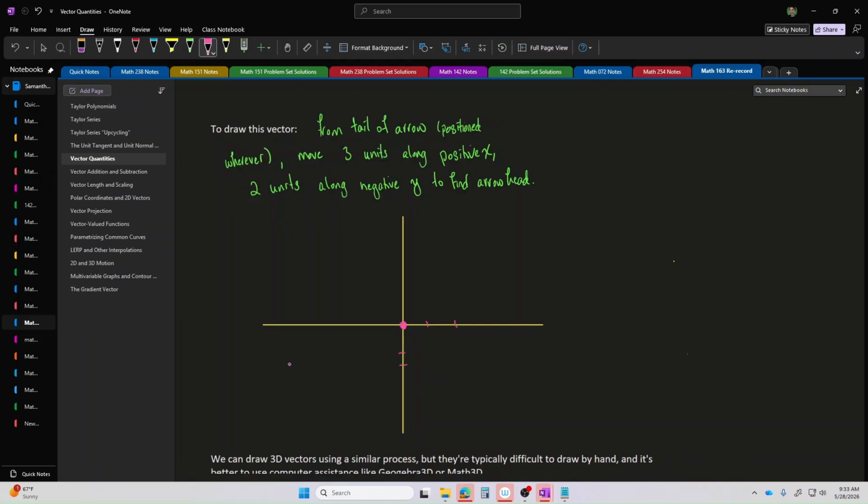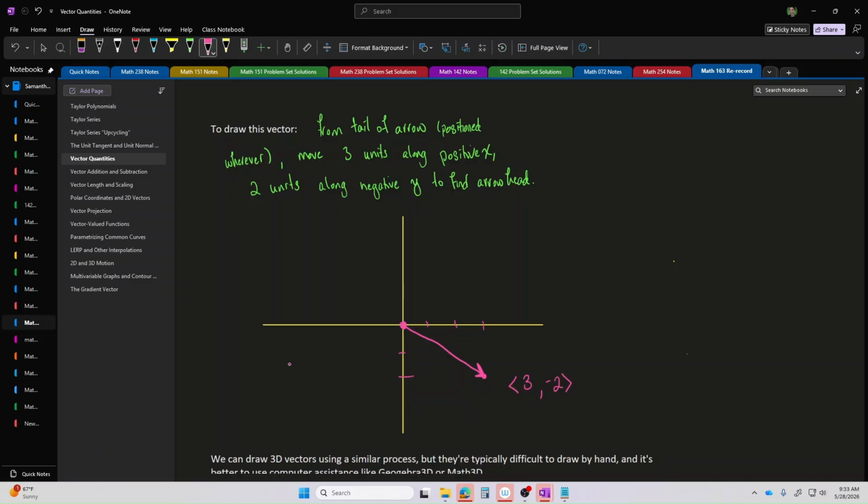And the arrowhead would be located right down here in the fourth quadrant. So this vector, 3, -2 in the angle brackets, would be the vector stretching 3 units in the x direction and 2 units in the negative y direction. This would be a representation of the vector 3, -2.